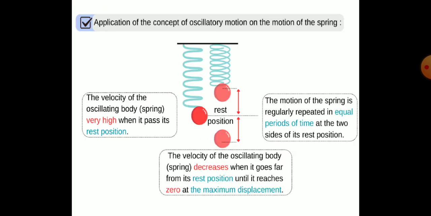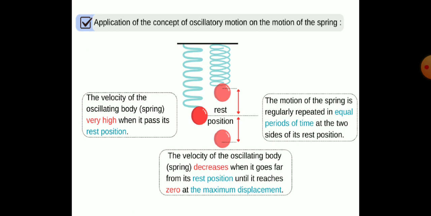And now we are going to talk about the application of the concept of oscillatory motion on the motion of the spring. So first we have the rest position, and the ball above it and the ball below it. First, at the rest position, the motion of the spring is regularly repeated in equal periods of time at the two sides of its rest position.